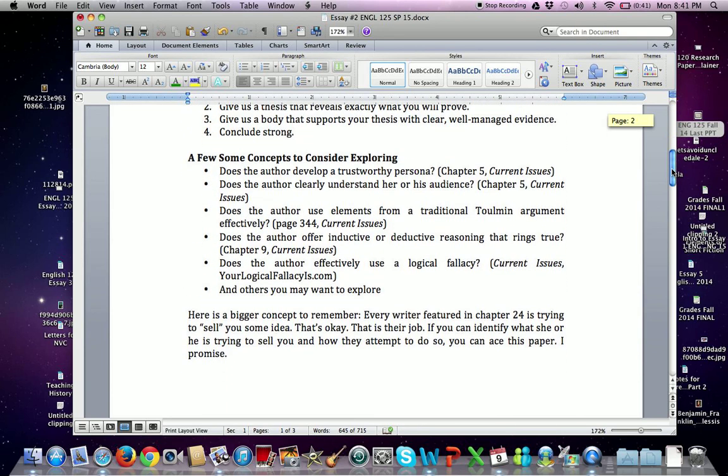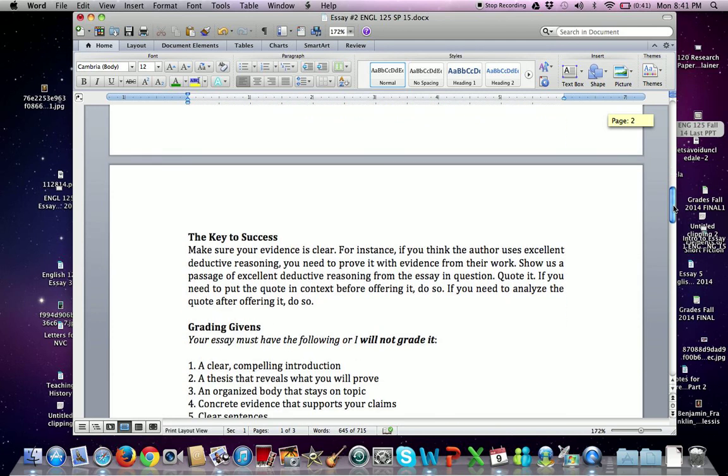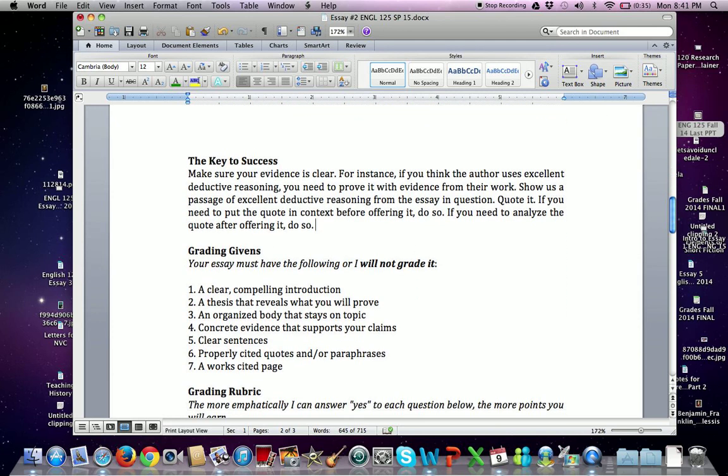But again, before we get out of here, let me reiterate this again. Make sure your evidence is clear. If you see a fallacy, prove it. Show me in the text. If you see a writer using ethos effectively, show me.